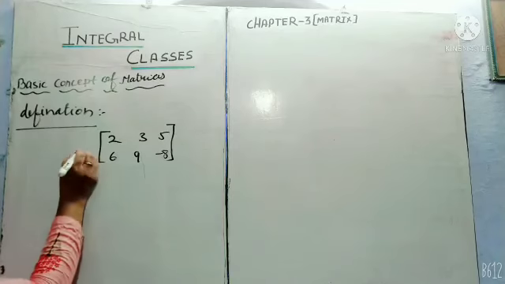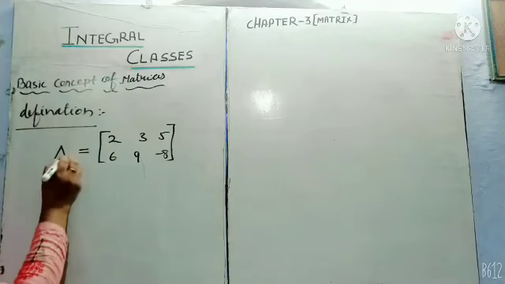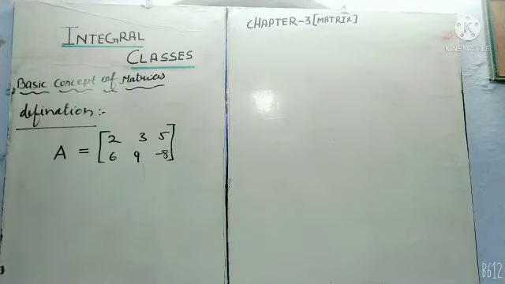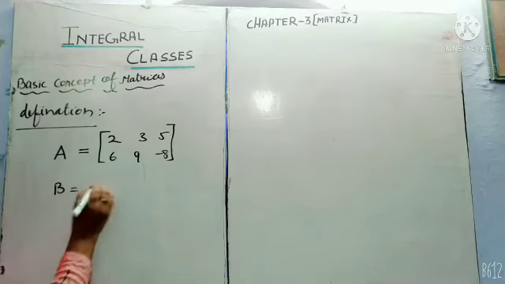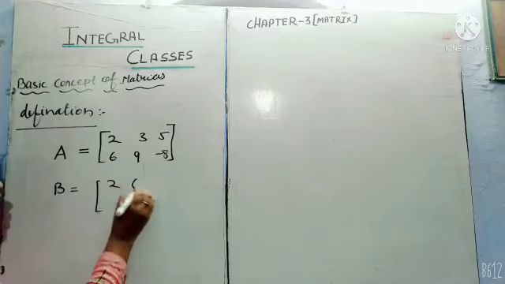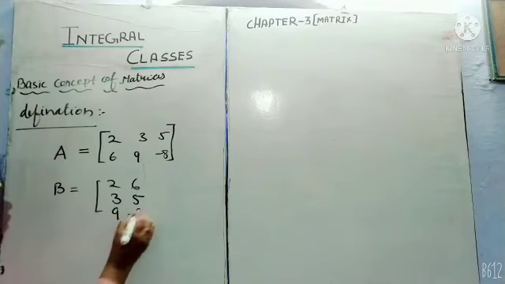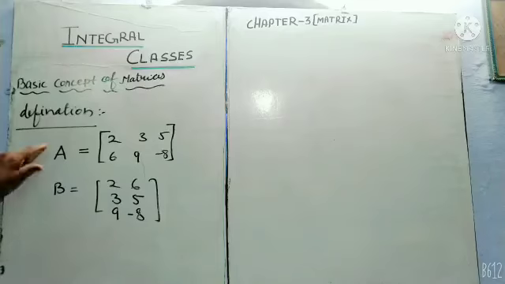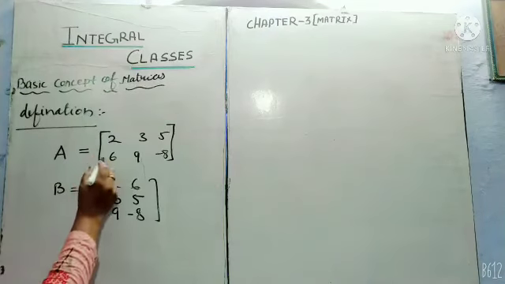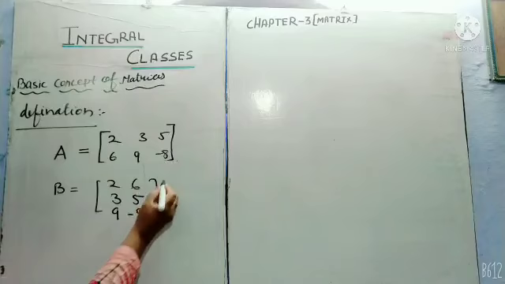And a matrix is always denoted by a capital letter of the English alphabet, like B. Suppose we have B: 2, 6, 3, 5, 9, 8. Now these two are matrices, but one is called a horizontal matrix and the other a vertical matrix.